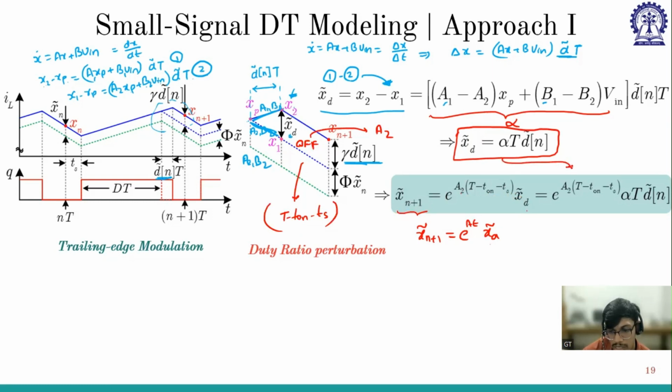Now substitute this xd over here. What we wanted was the gamma value. So this entire thing is gamma. So gamma is e to the power a2 into t minus t on minus ts into alpha into t. Have you understood until this point? How we are getting gamma?